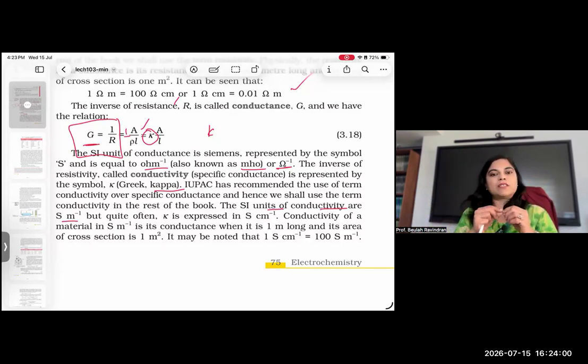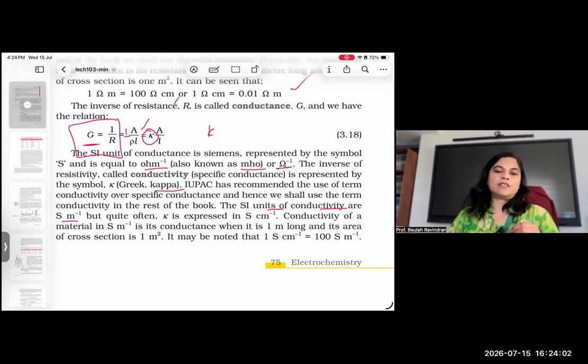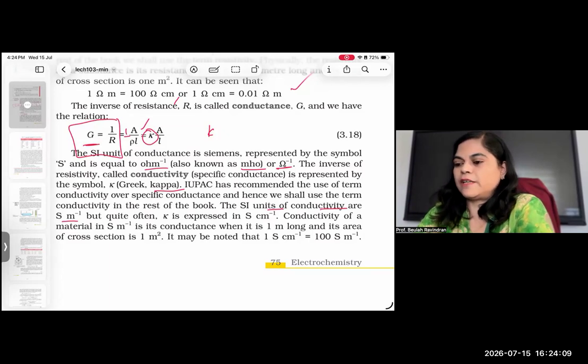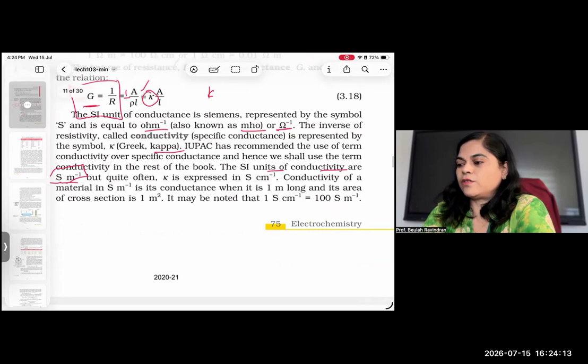K, kappa, is how runny the liquid itself is. So that is the major difference. Don't confuse these. The unit for this is Siemens per meter, and Siemens per centimeter also we can write.